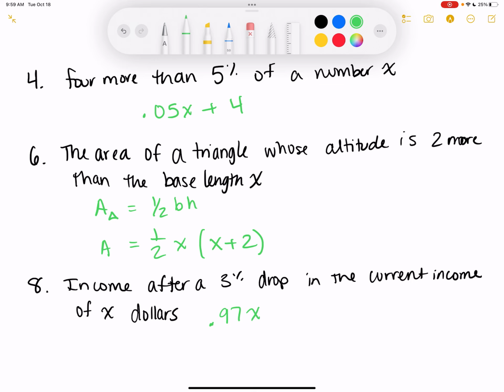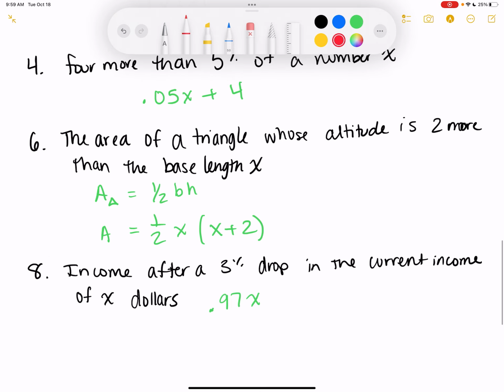Where do we get the 97%? It's the income after the drop. So you're taking 100% and subtracting your 3%. That would be the income after the drop. We're starting at 100%.